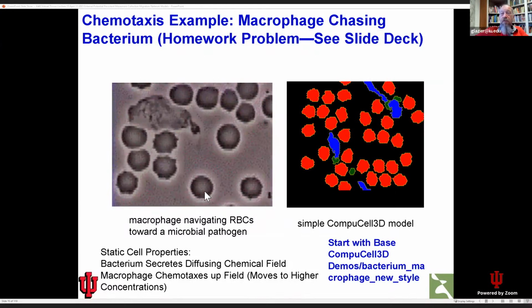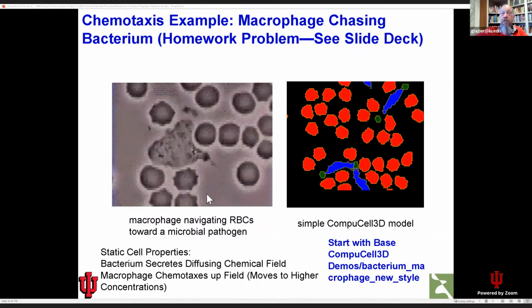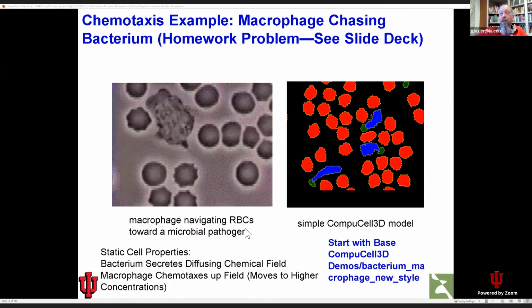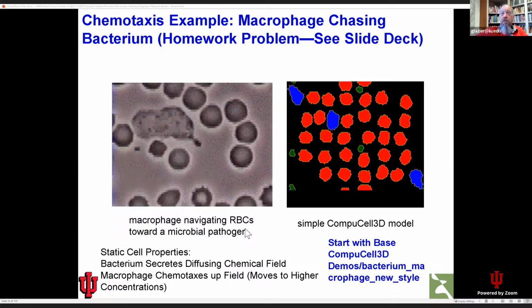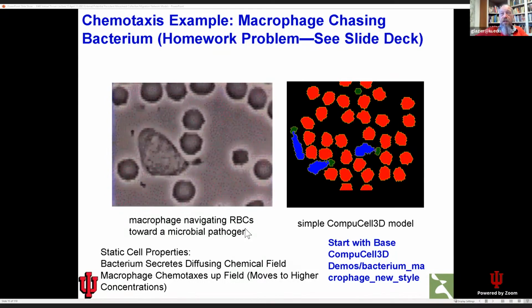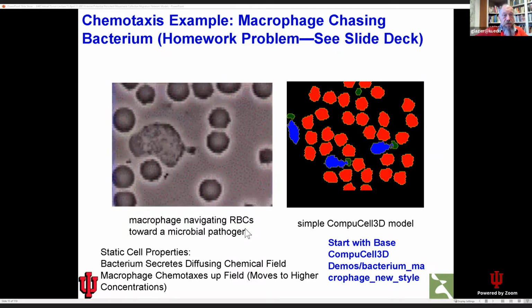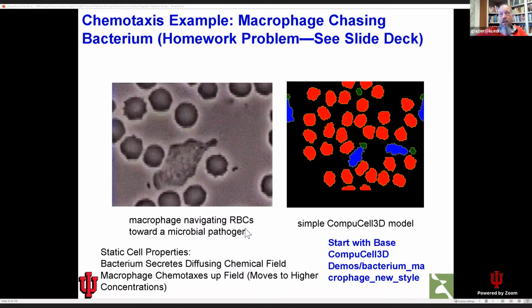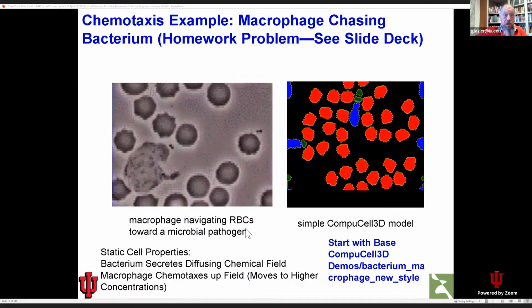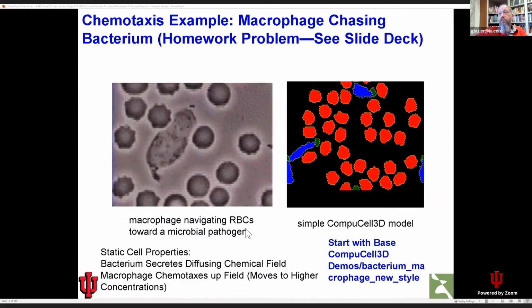The non-moving or barely moving circular and spiky things are red blood cells. Here we have a macrophage. Those two little dots are bacteria. And this is an immune cell chasing and eventually eating a bacterium. The immune cell is responding to chemicals that are secreted by the bacteria in the environment.